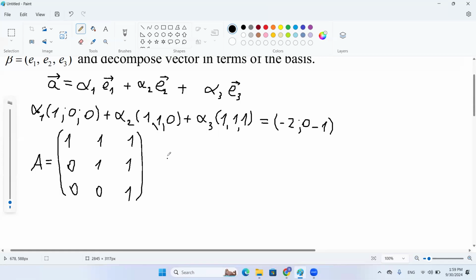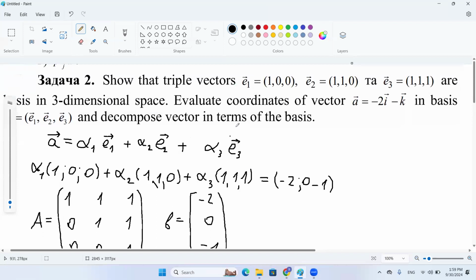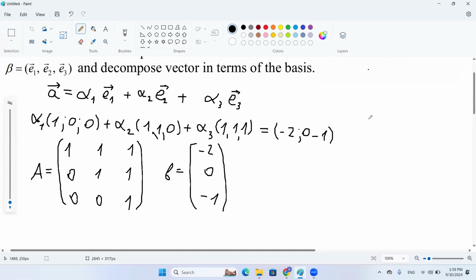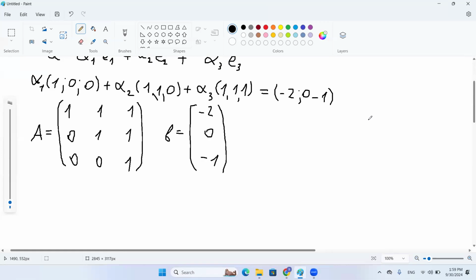And vector B is, as you can easily figure out, -2, 0, -1. Actually, our initial vector A. So do you understand now what to do? How to solve?